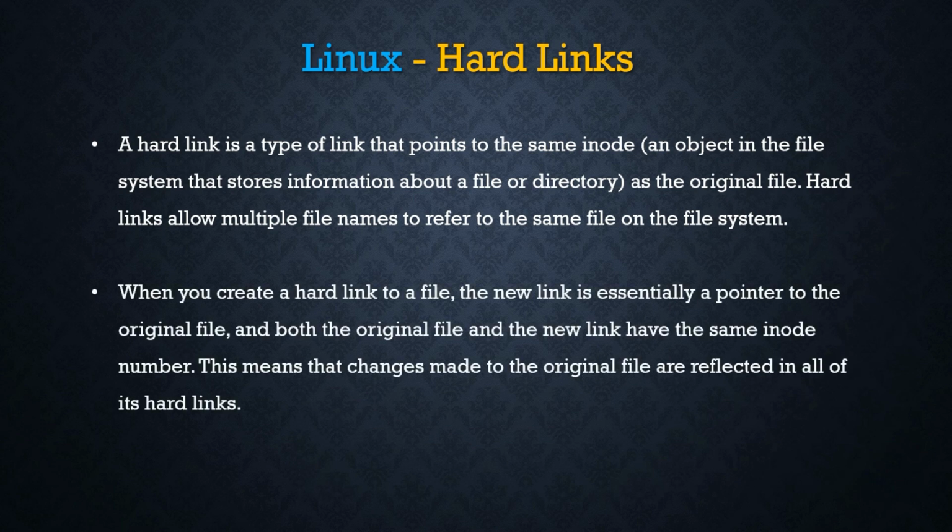When you create a hard link to a file, the link is essentially a pointer to the original file, and both the original file and the new link have the same inode number. This means that changes made to the original file are reflected in all its hard links.